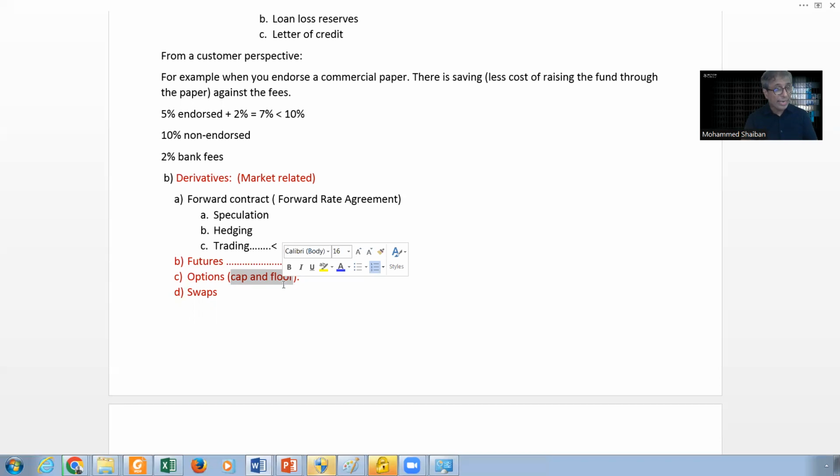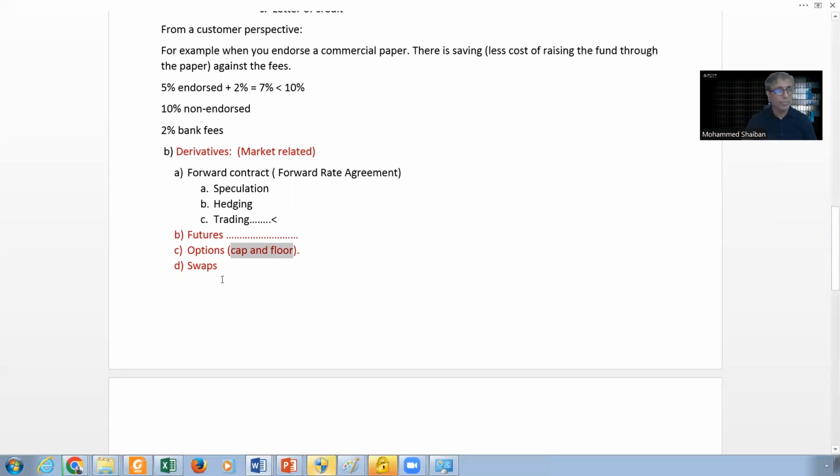Now, if you are a lender and you want your return from your investment to be fixed, at least you need to have a minimum return. So you say, okay, I need the minimum to be 4%. Then in this case, if the interest rate in the market goes under 4%, the option will pay you. So in this case, an investor will buy a floor. So you have to understand the difference between the caps and the floor.